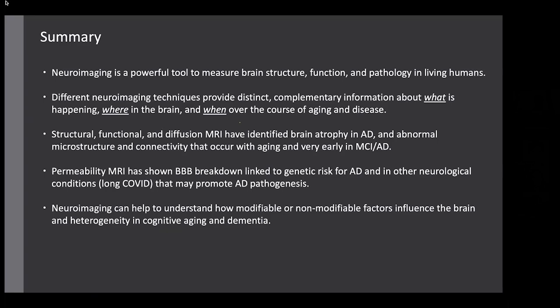From structural, functional, and diffusion MRI, we've learned that brain atrophy occurs early in AD, and microstructure and connectivity become abnormal very, very early, even in preclinical stages. Blood-brain barrier permeability has shown blood-brain barrier breakdown linked to genetic risk for Alzheimer's disease and other conditions like long COVID, which could perhaps promote AD pathogenesis.